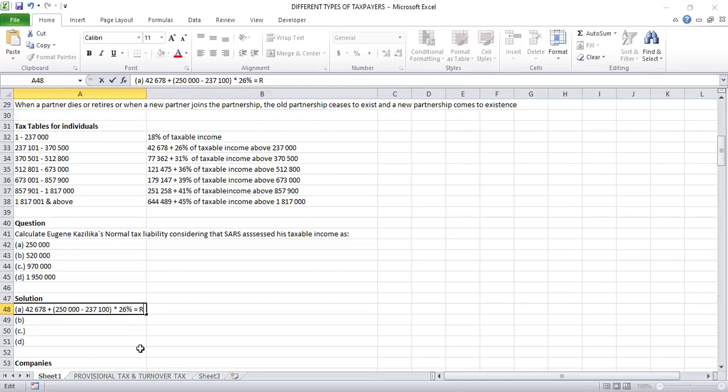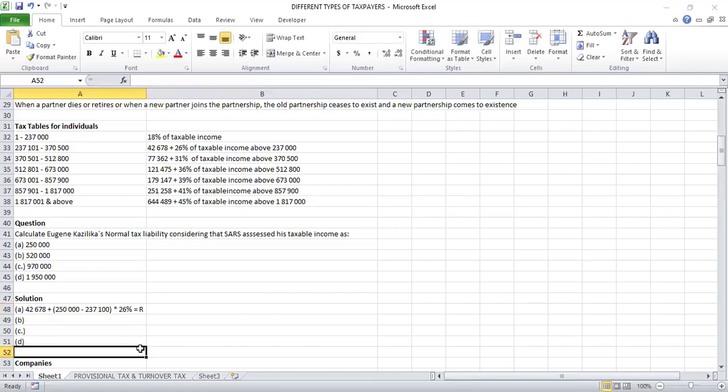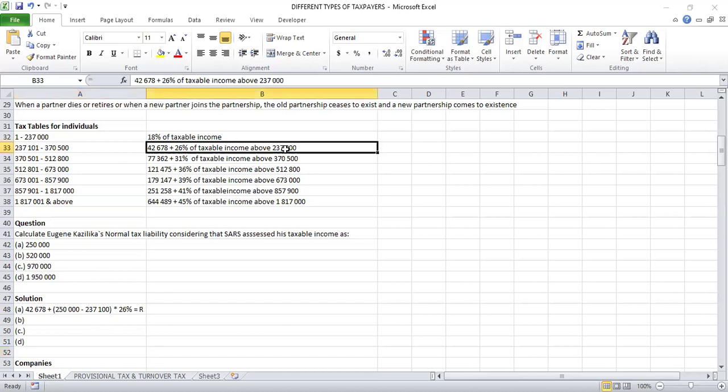Otherwise, we'll be stuck. I'm not sure if I calculated correctly. It can't be 300. Okay, the best way to do it, my sister: can you say 250,000 minus 237,100 first? Is it 237 or 237,000? 237,100. Yes, it has to be 237,100.